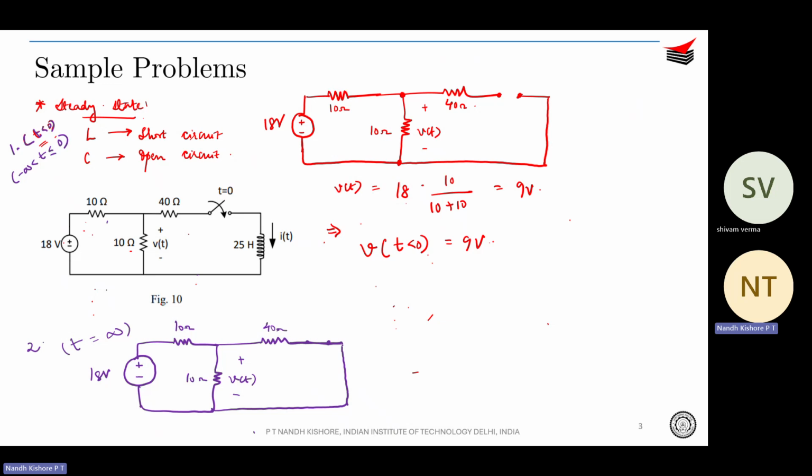So this is the equivalent circuit when the switch is closed. At this period, what is the V of t?